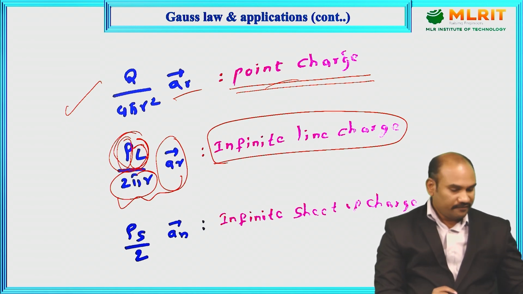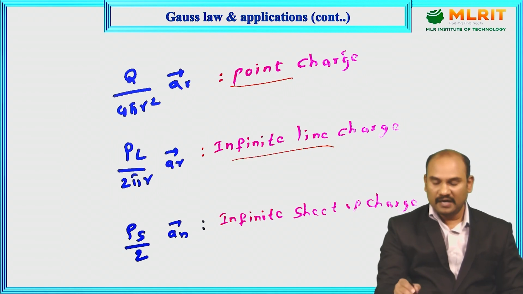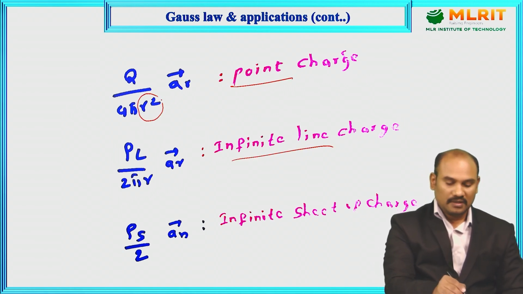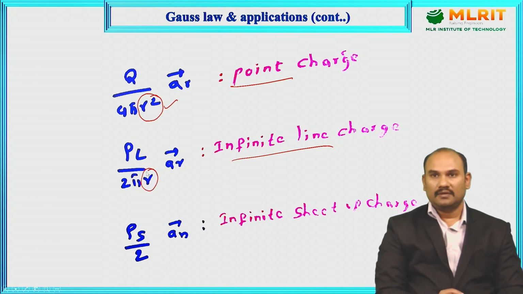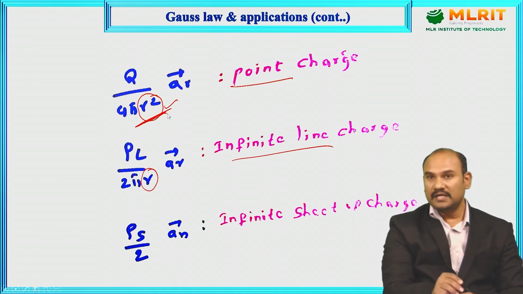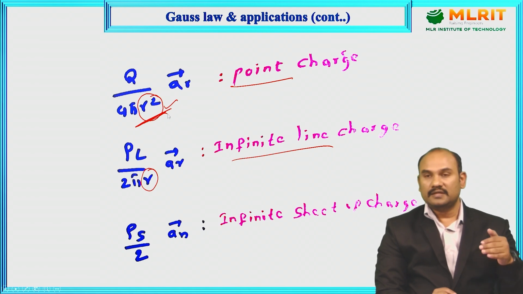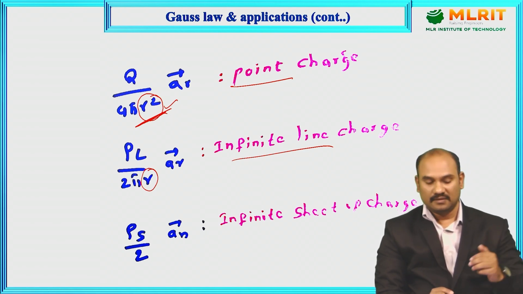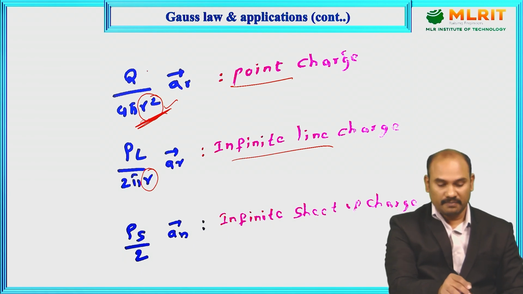Now what is the major difference you notice between point charge and infinite line charge? Here you have r square, here you have r. With a little increment in distance, there is a rapid decay of electric flux density, because it is 1 by r square.